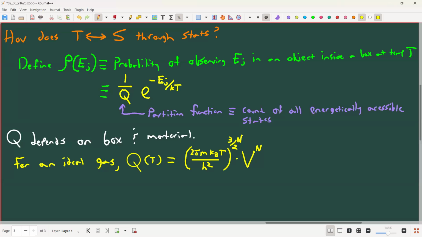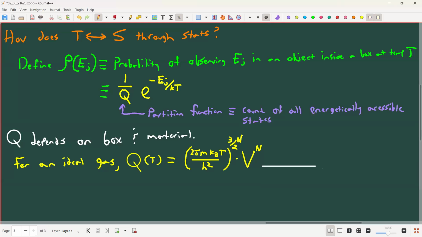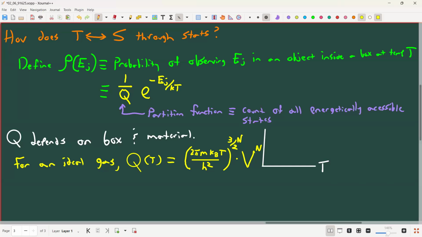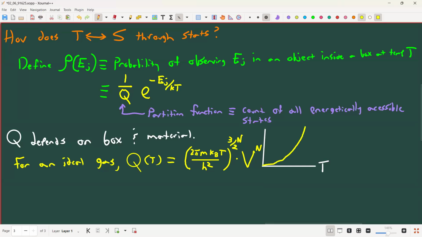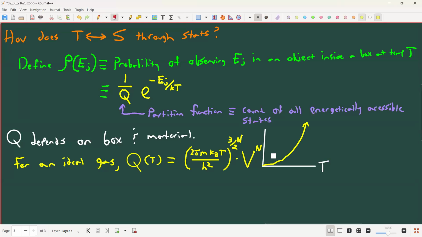So I don't know, configurations. And Q just exponentially increases, right? So if I were to look at this as a function of T and plot it as Q, it's just an exponential function. No, it's not. It's a linear function. Sorry, it's a linear function.